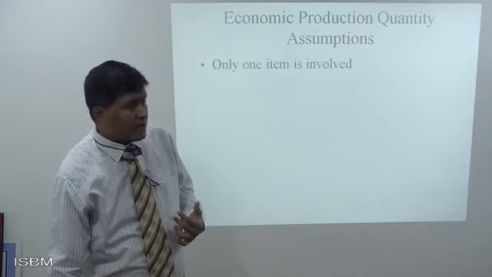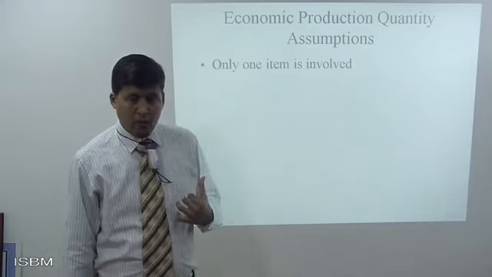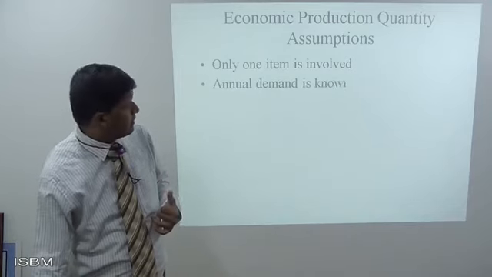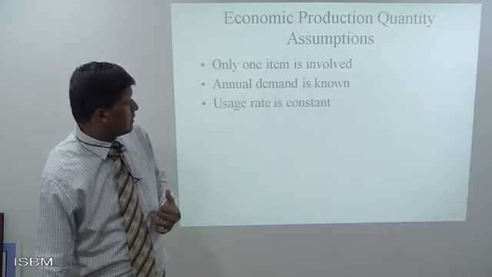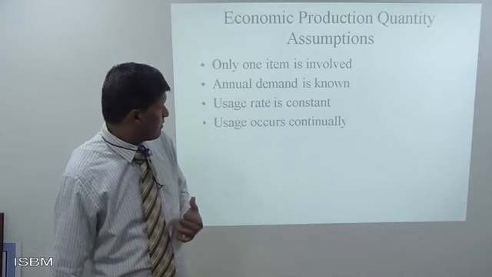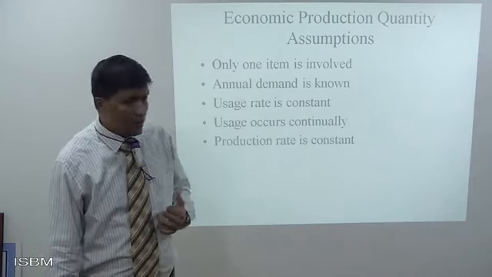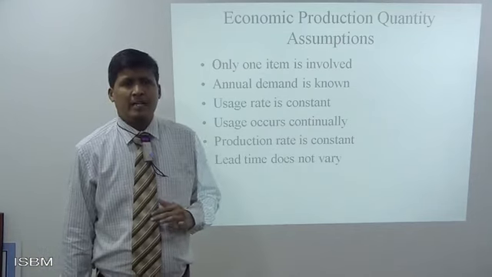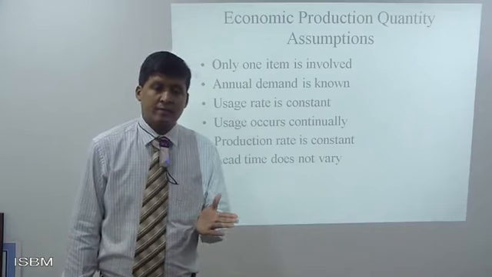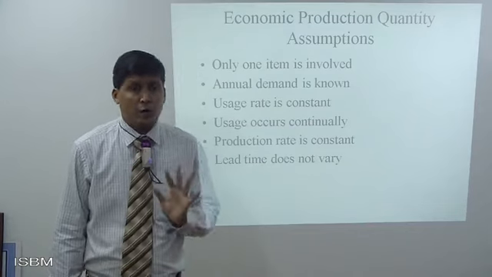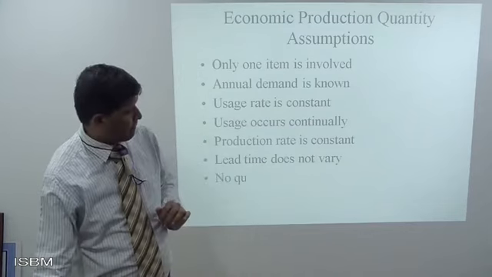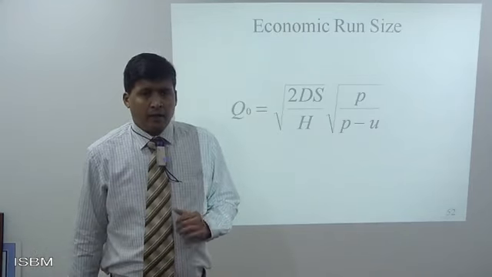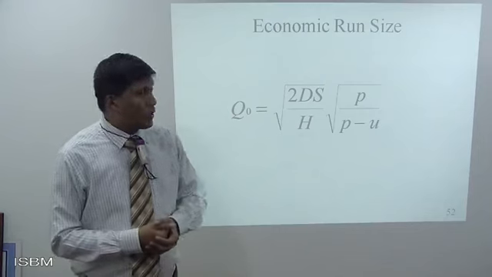The assumptions for EPQ are that only one item is involved, actual demand is known, usage rate is constant, usage occurs continually, production rate is constant, and lead time does not vary. These are similar to the assumptions we made in economic order quantity, and there are no quantity discounts as well.